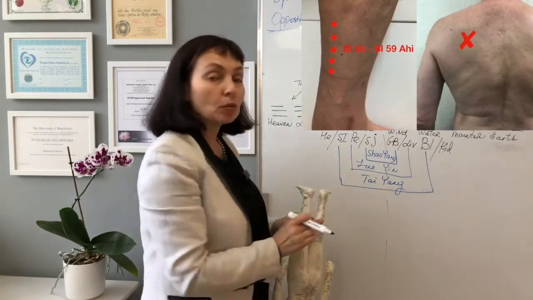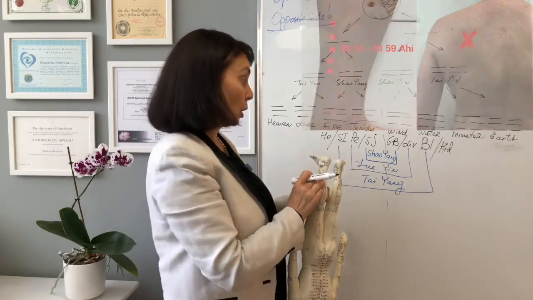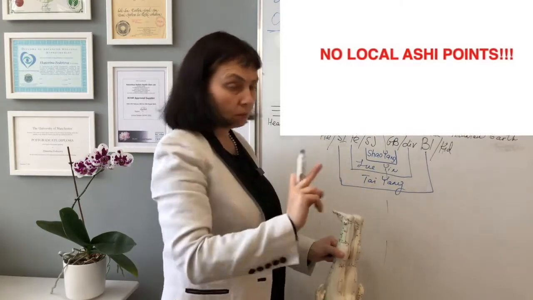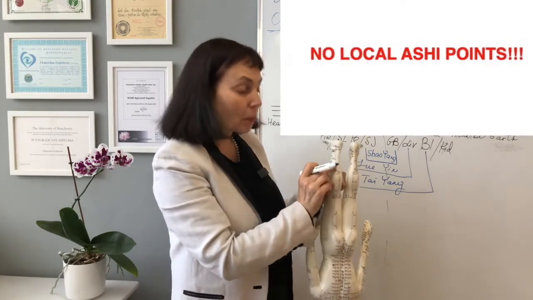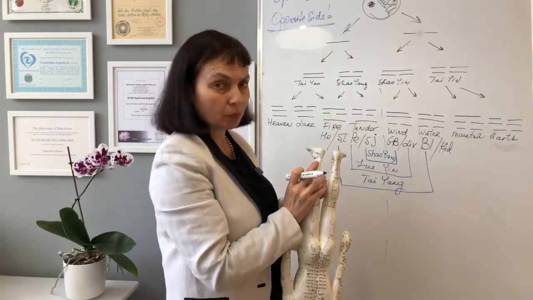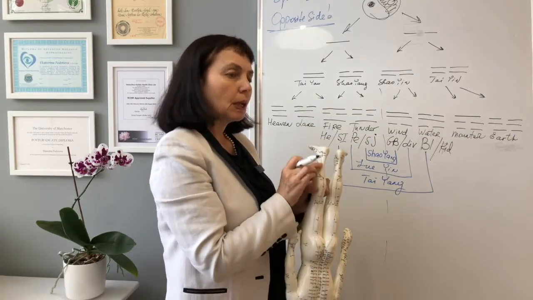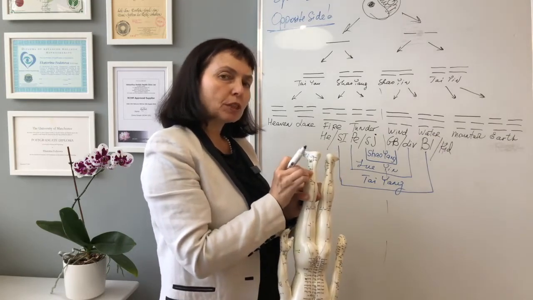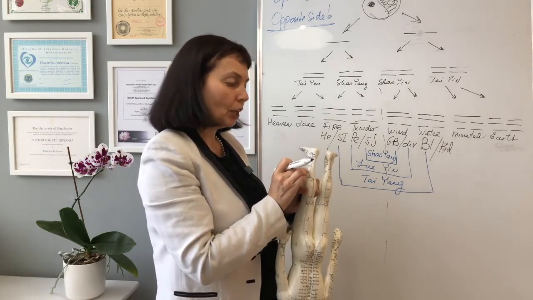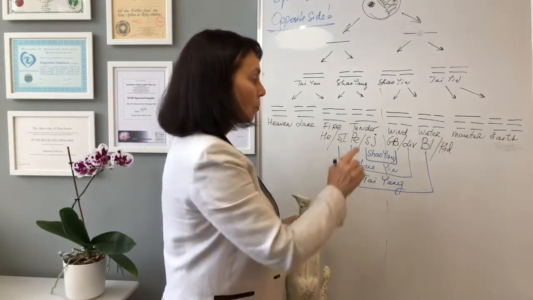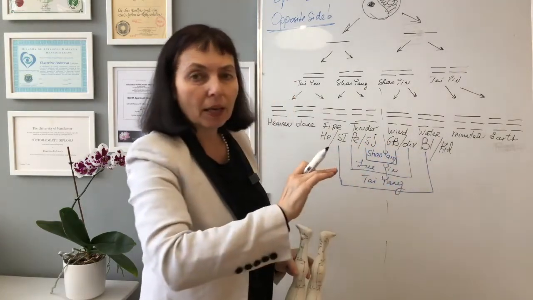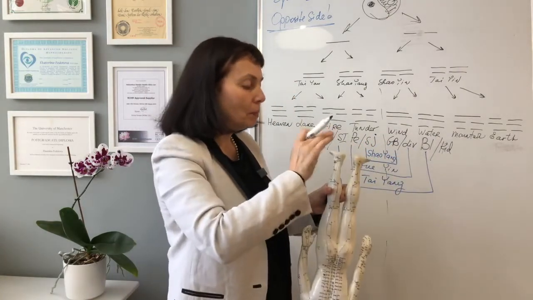And he started looking for Ashi points. Where? On small intestine? No, on the balancing meridian, and he couldn't find Ashi points. But by pressing, he found some kind of lumps, and he needled the lumps on the bladder meridian. The pain went away immediately.